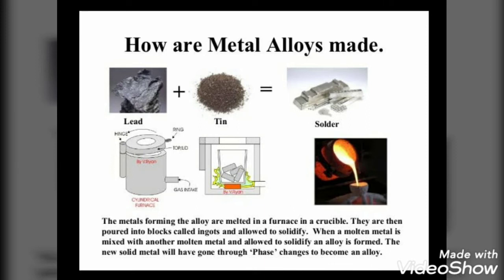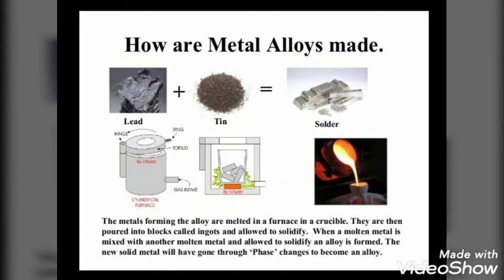An alloy is prepared by mixing various metals in molten state in required proportions and then cooling their mixture to the room temperature. The alloy of a metal and a non-metal can be prepared by first melting the metal and then dissolving the non-metal in it, followed by cooling to the room temperature.